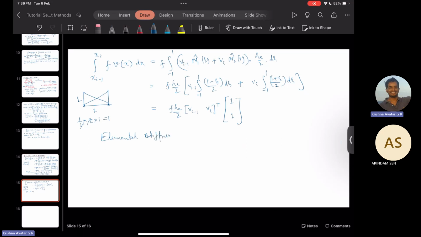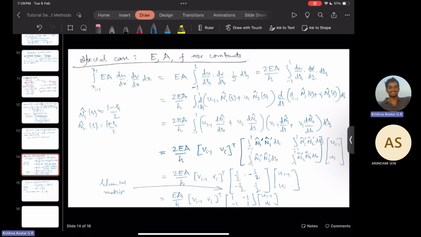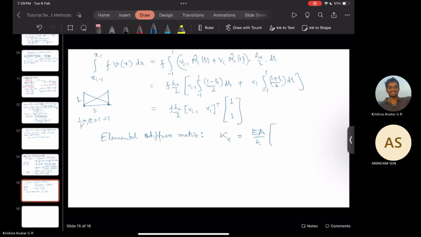We'll call it K defined for element E, equal to EA by H, times 1 minus 1 minus 1 1.